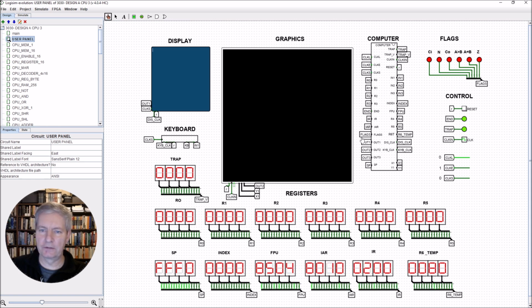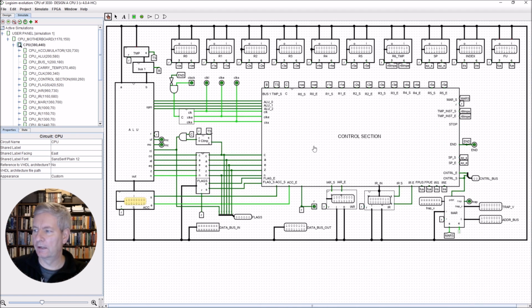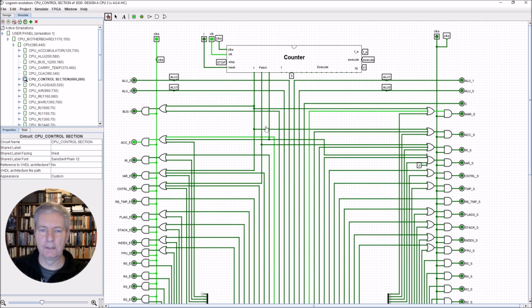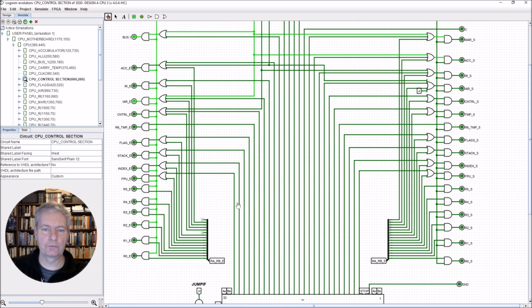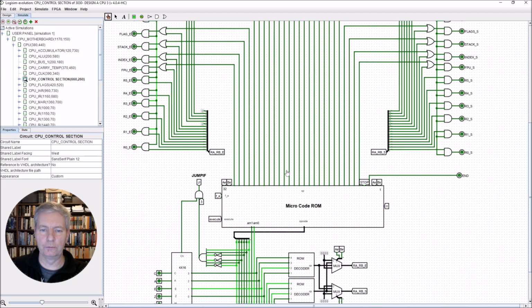So we can see the simulation is now running, and if we drop in we can see that the ROM is being accessed and also the RAM is being accessed. And if we drop into the actual CPU and the control unit, you can see all the sets and enables for all of the registers being pulsed via the microcoded ROM.